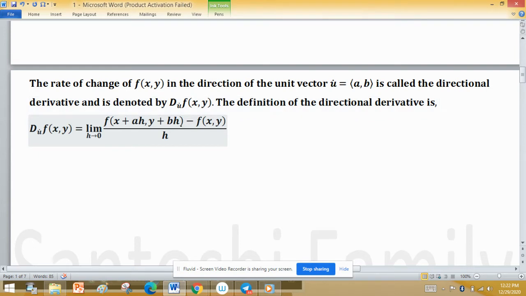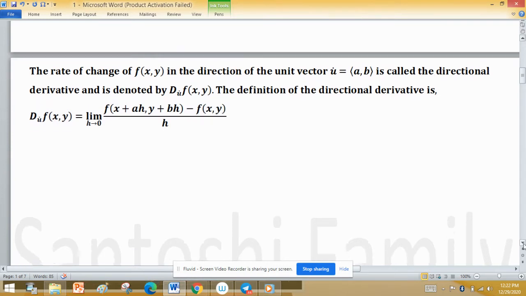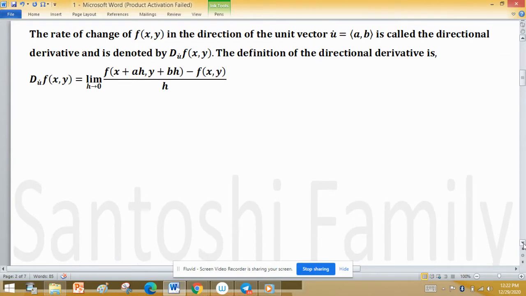This is related to the simple definition of derivative. Sometimes the examiner asks about the existence of this directional derivative, then we have to use the limit concept. Otherwise, whenever we have to evaluate a directional derivative, we can use nabla f dot vector u.